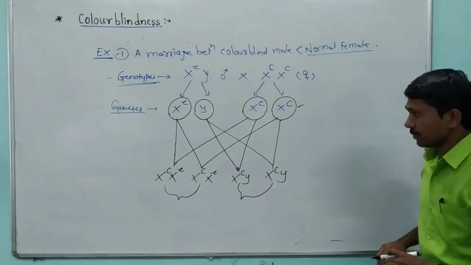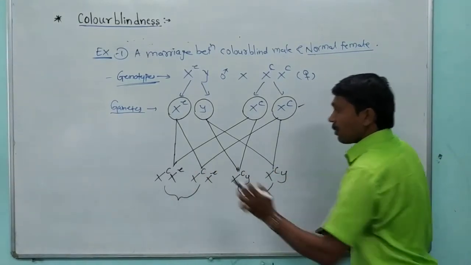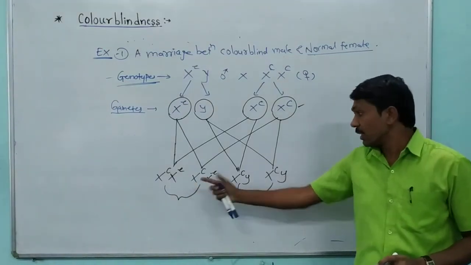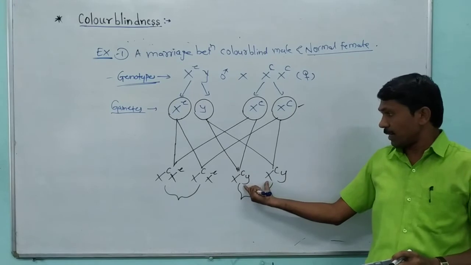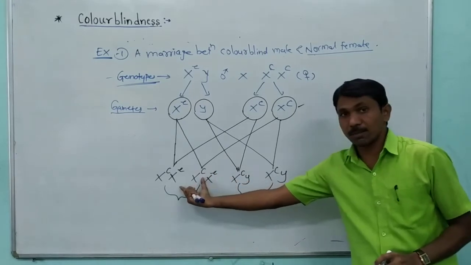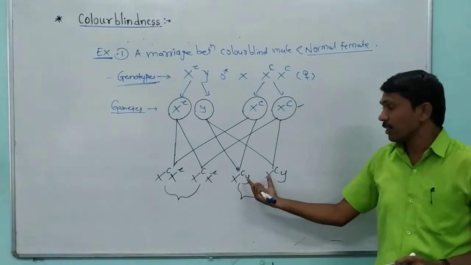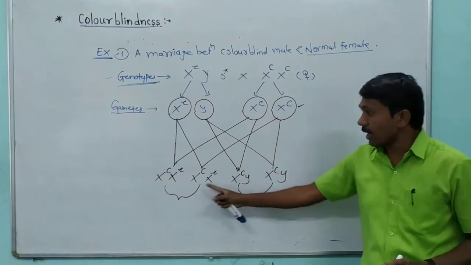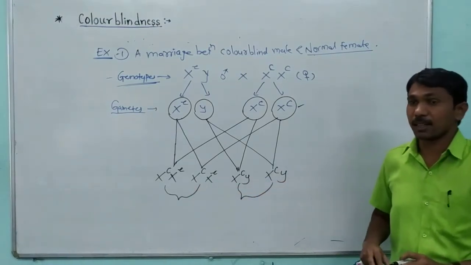Here half of the offspring are carriers for that trait or disease. The female has two X and the male has X and Y. So half of the males are normal and half of the females are carriers for that disease.